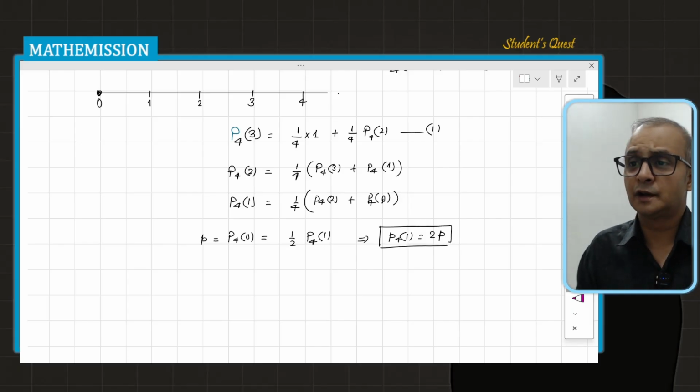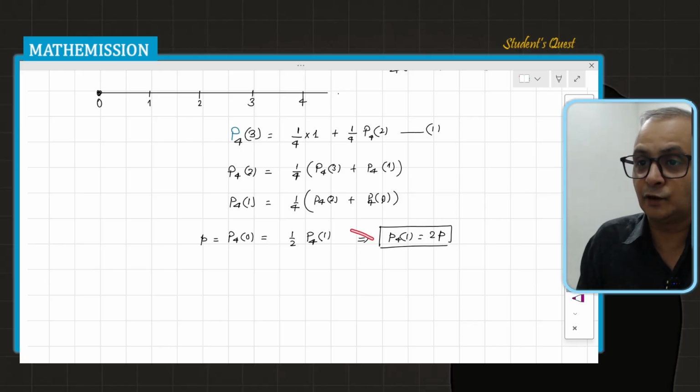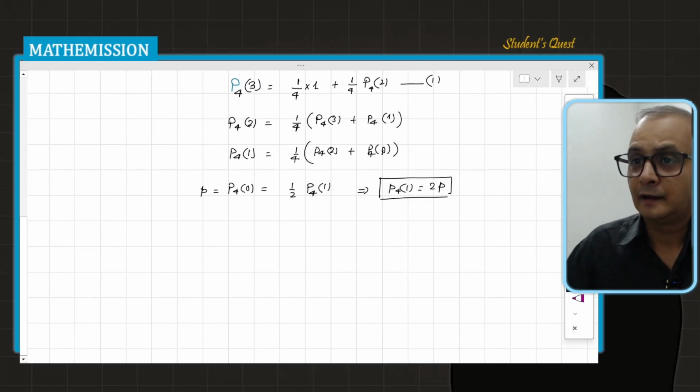Now what I'm going to do? I'm going to substitute this value there. And in all this process, we're going to reach this equation, and from there we will evaluate the value of P. So let's go for it.